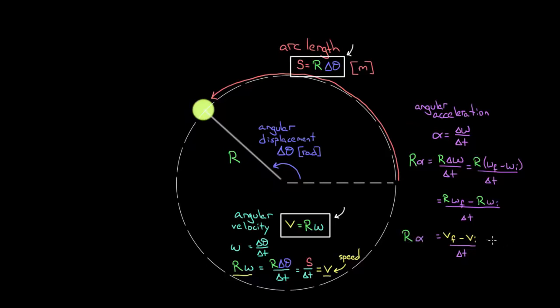Now, if I were you, I'd be tempted to just be like, oh, look, we did it. That's the acceleration. Look, change in speed over time. But you've got to be careful. Acceleration, the true acceleration vector, is the change in velocity per time. But these are not velocity vectors. These were speeds. So this isn't the true acceleration vector. This is something different. This is the change in speed per time.